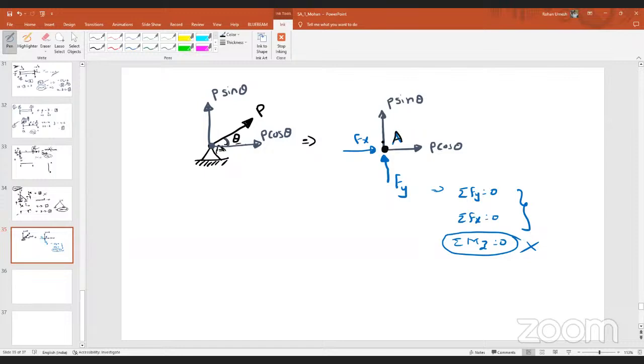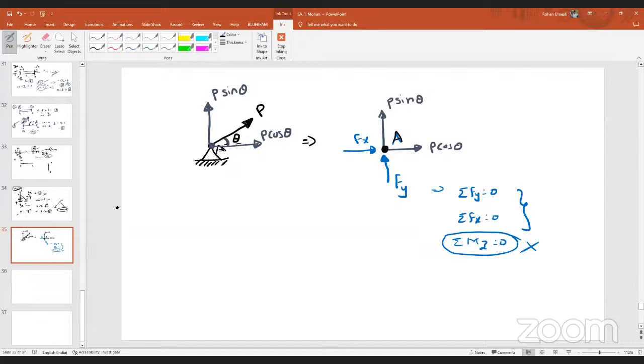Point A. Because of these forces, do you think moment will generate at point A? No, sir. Moment is nothing but force times perpendicular distance, right? As all these 4 forces are acting at point A, there is no distance, so no moment will develop because of the forces.